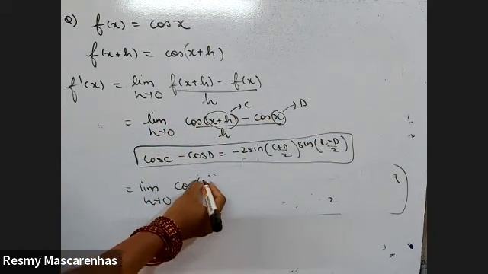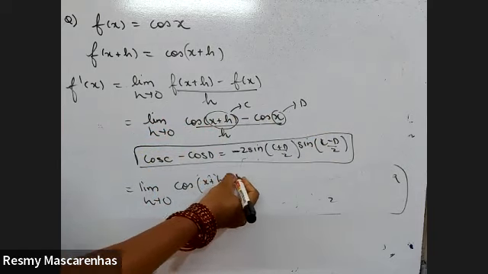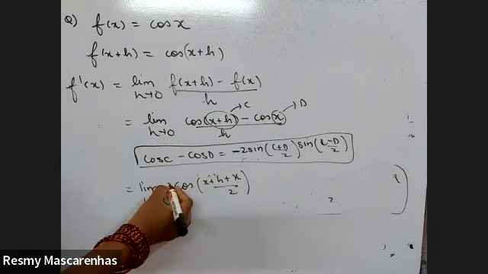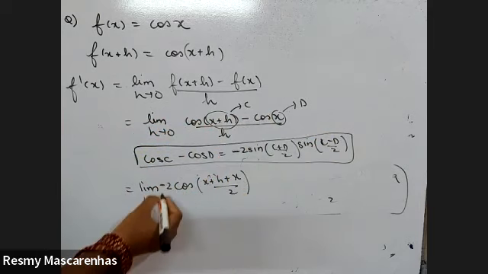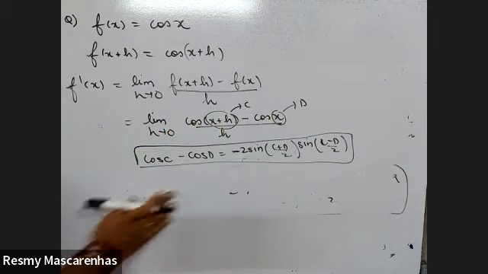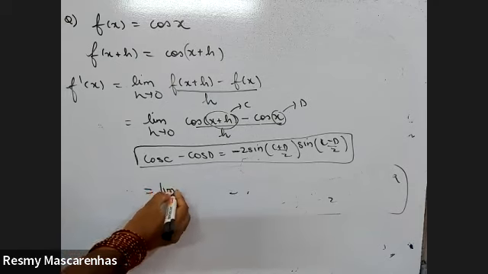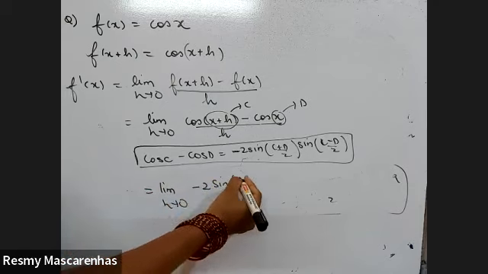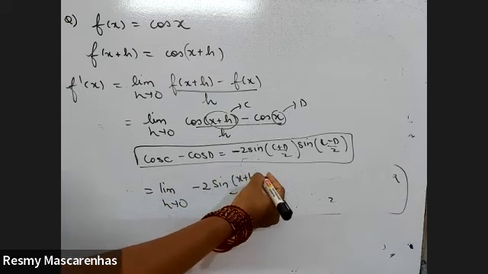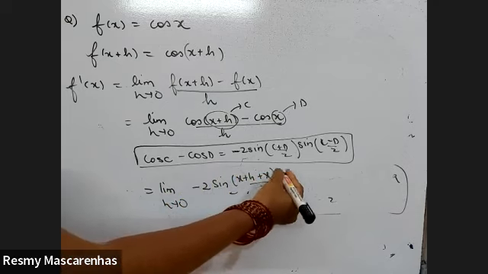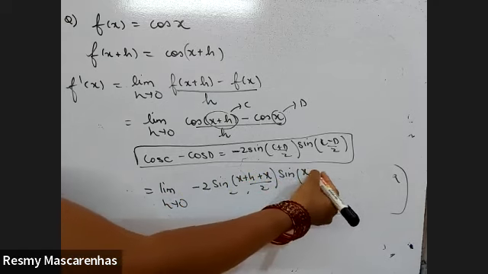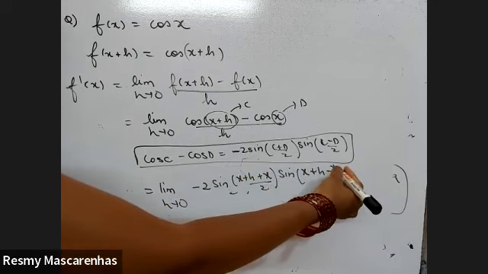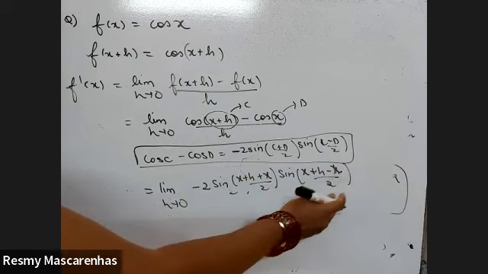This will be limit h tending to 0 minus 2 sine of c plus d by 2 sine of c minus d upon 2.